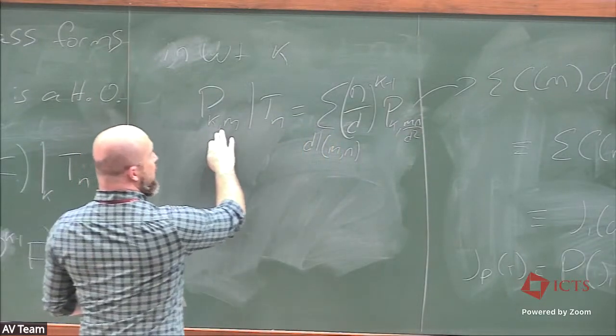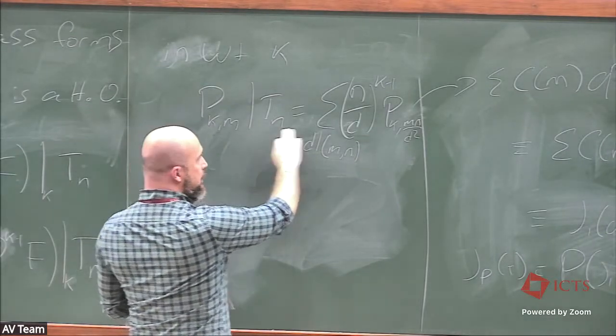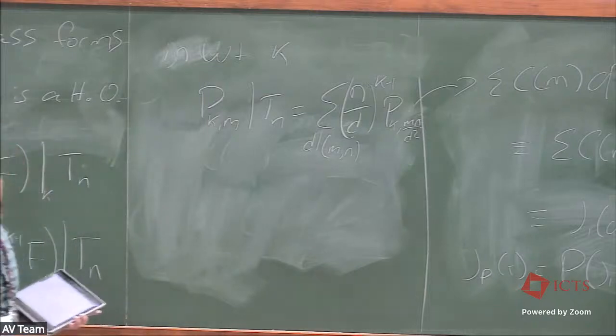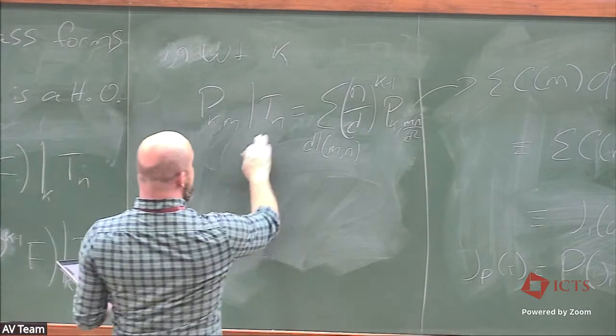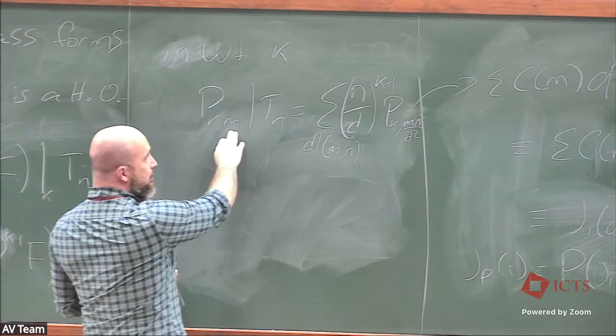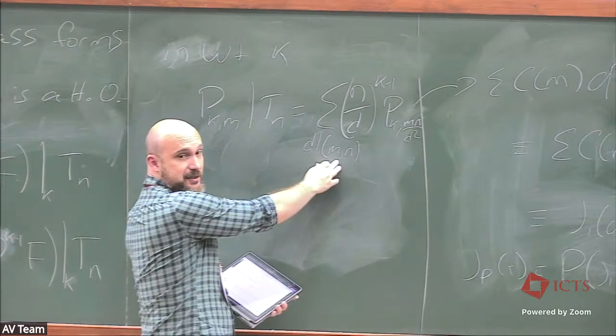I have a Poincare series, I act on it by a Hecke operator, and I can write the result cleanly in terms of these Poincare series. If m is 1, this simplifies a lot because there's only one choice of d that divides the GCD.